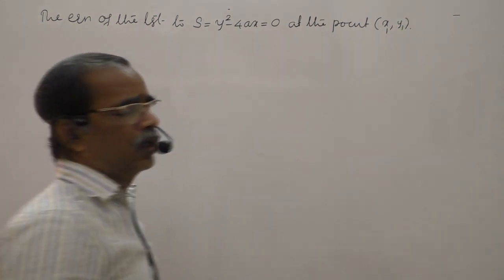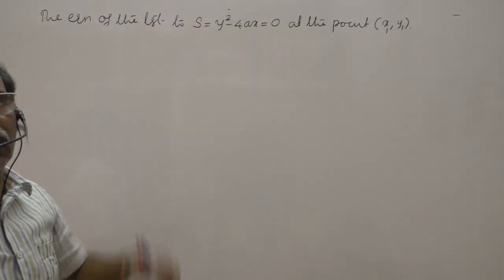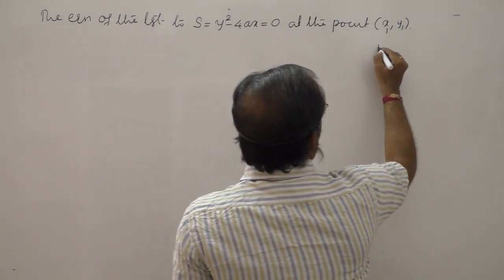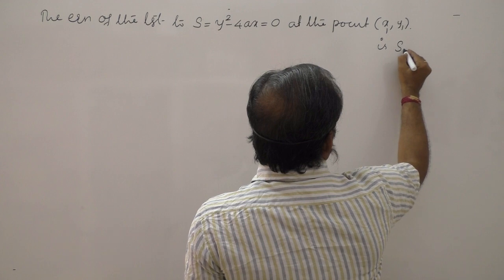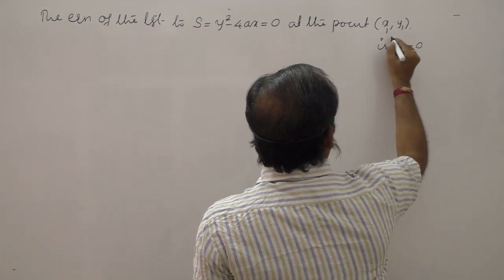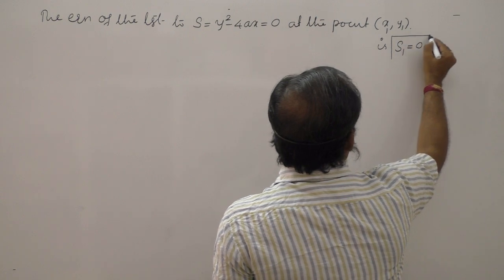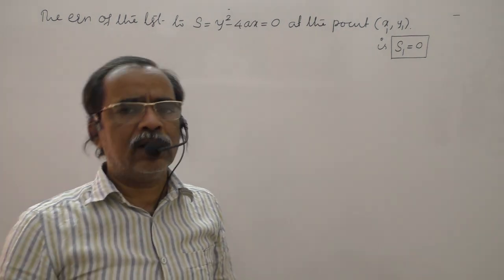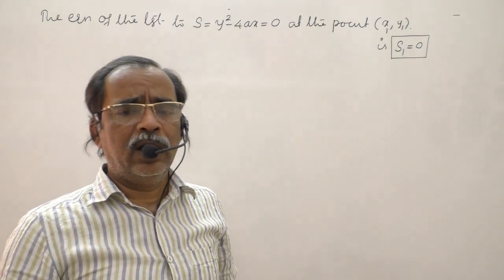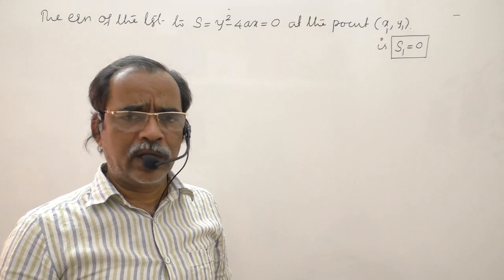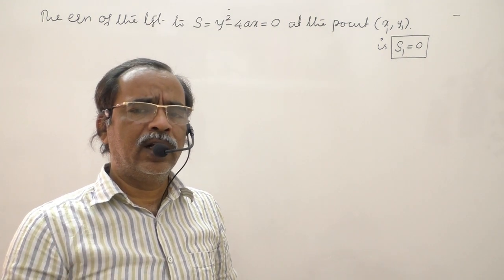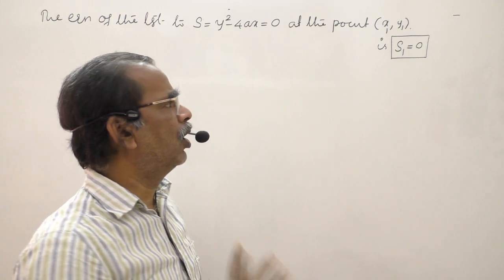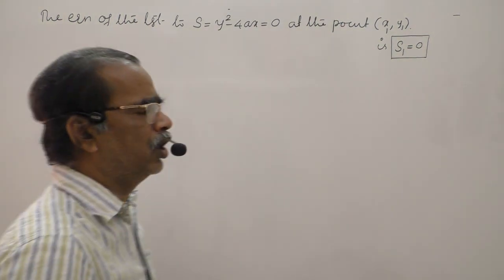So the equation of the tangent to the curve y² = 4ax, denoted by S, at the point (x₁, y₁) is S₁ = 0. Please recall, in circles also, the equation of the tangent at a point on the circle is S₁ only. Further, in ellipse and hyperbola it is the same. For any curve, the tangent at a point on the curve is S₁ = 0.